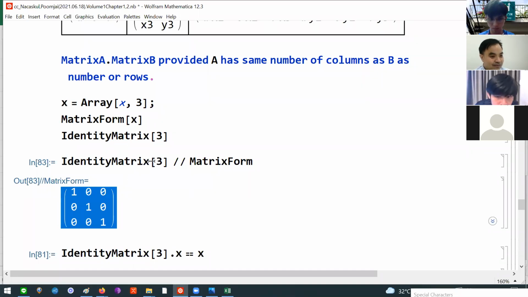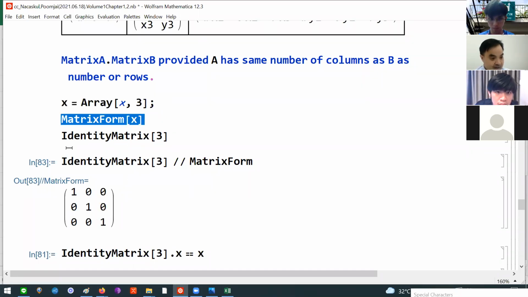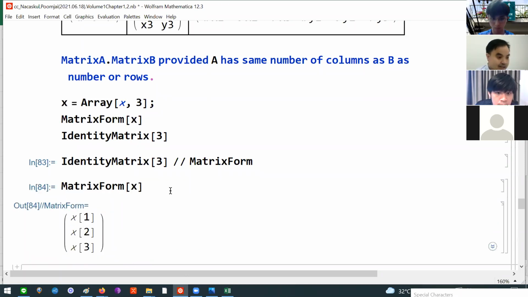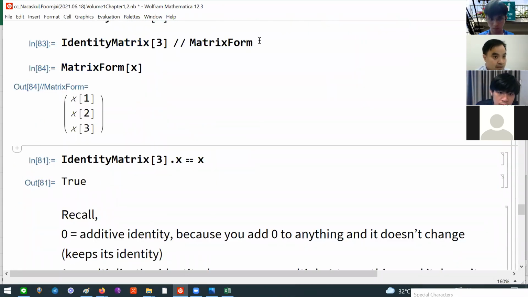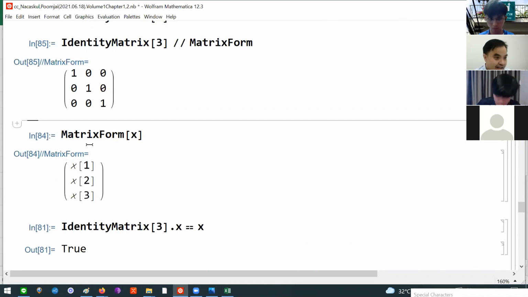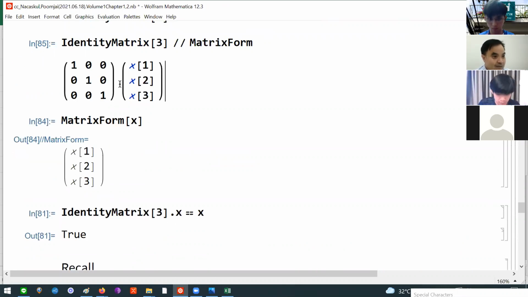So if I take this and multiply by this, I should get this. Why? Because when you do this, notice it's just 1 on the diagonal and 0 elsewhere.